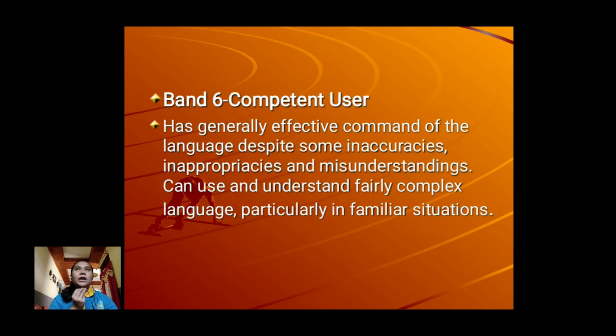Next, at what score can the participant pass? Participants will be declared passing if they get a minimum score of 6. In Band 6, participants are included as competent users, where participants have met the basic standards set by the IELTS team. Okay, the minimal score you must achieve is 6 to succeed in this IELTS test.